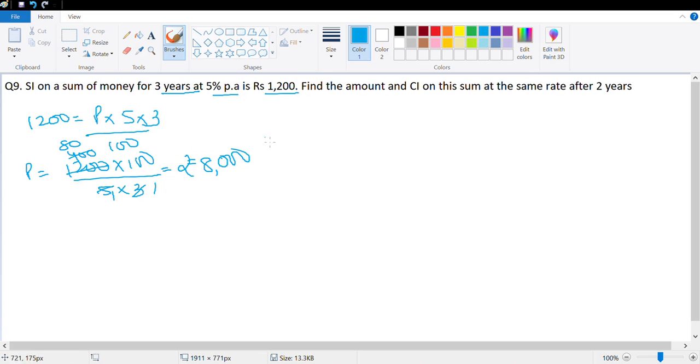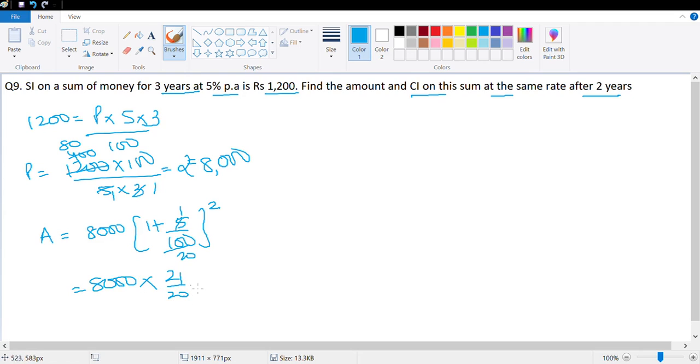Now find the amount and compound interest on this sum at the same rate after 2 years. So amount is equal to P, which is 8,000, times (1 plus r), in this case 5 upon 100, raised to the power 2. So 5 1, 5 20, so that's 8,000 into 21 upon 20 into 21 upon 20.